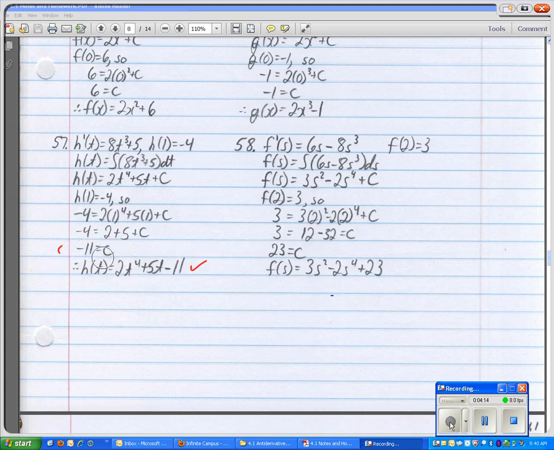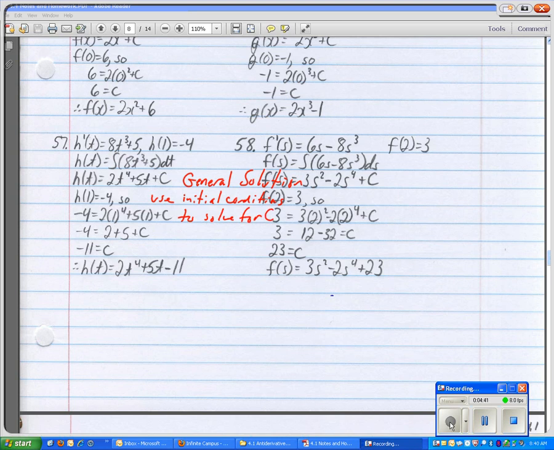So here's what you need to know for future reference. This is the general solution when you still have the plus c. Use initial conditions to solve for c.